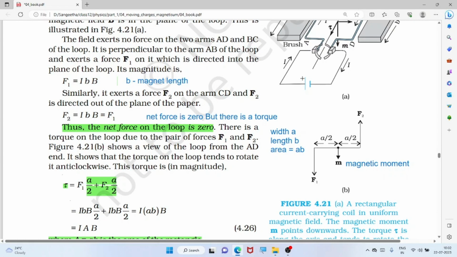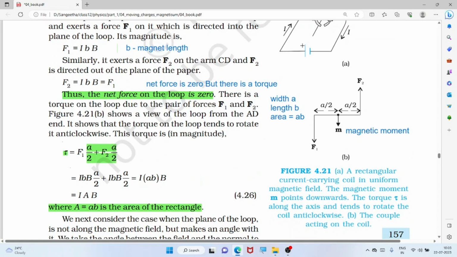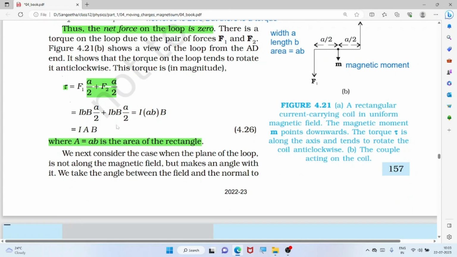Now this principle is applied in AC motors also. If the current direction changes, then the torque direction will also change, so that it will rotate. Area of the rectangle.